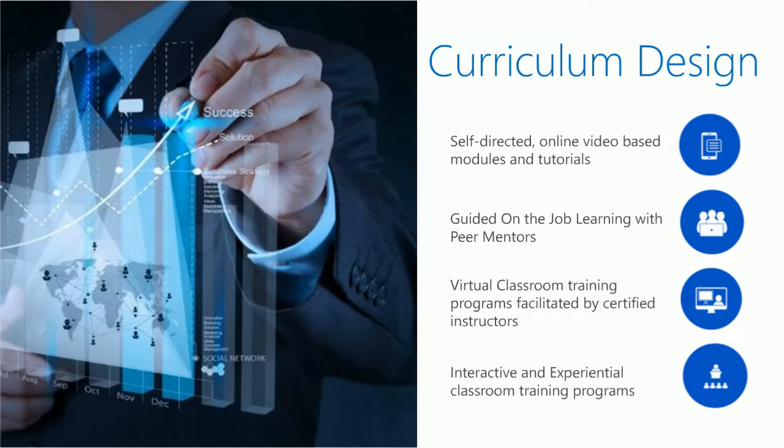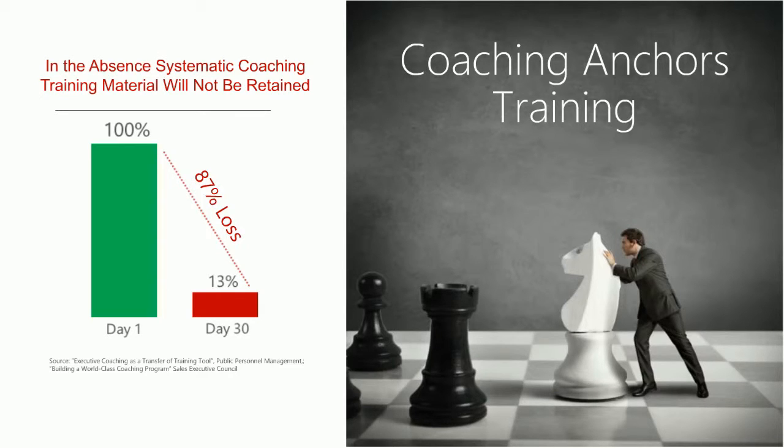And then the most effective type of learning is interactive and experiential classroom training programs designed around very specific learning objectives and taught by certified trainers. And when you weave all this together and mash it all up, you get really powerful onboarding programs that move people and get them up to speed fast.